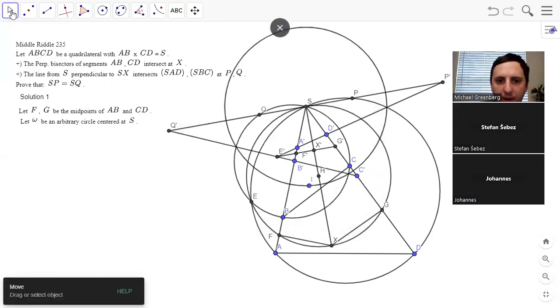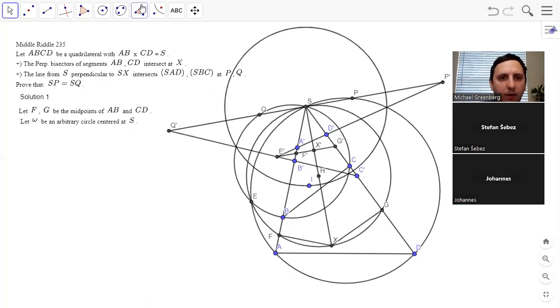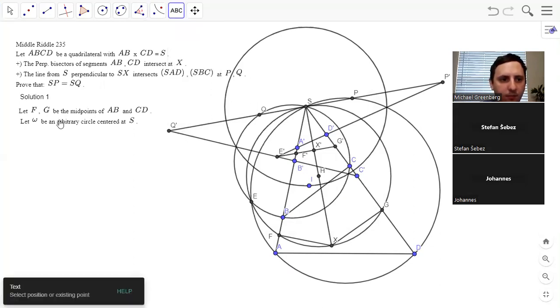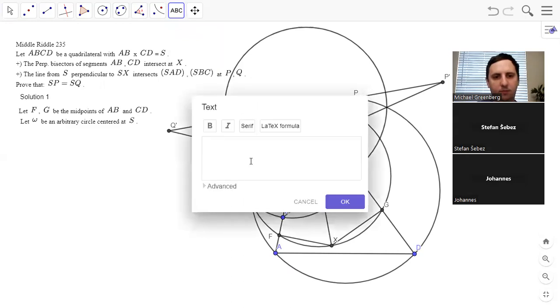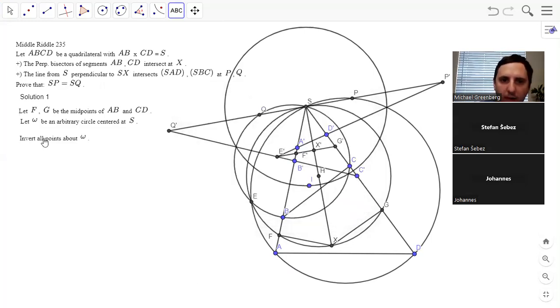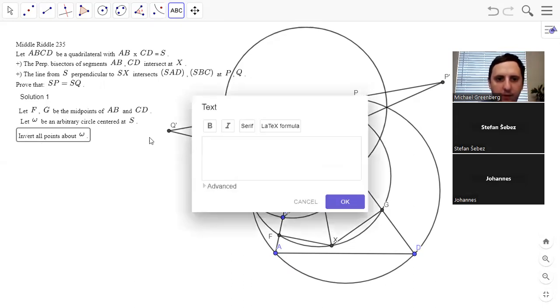Invert everything about omega. So then we have Q prime, Q, P prime, P, and S are collinear.